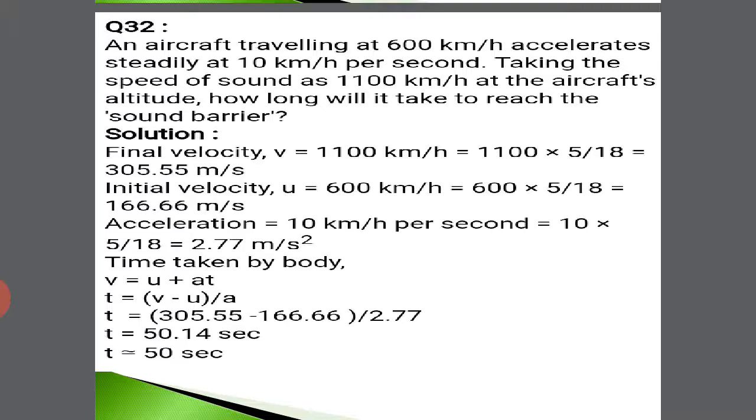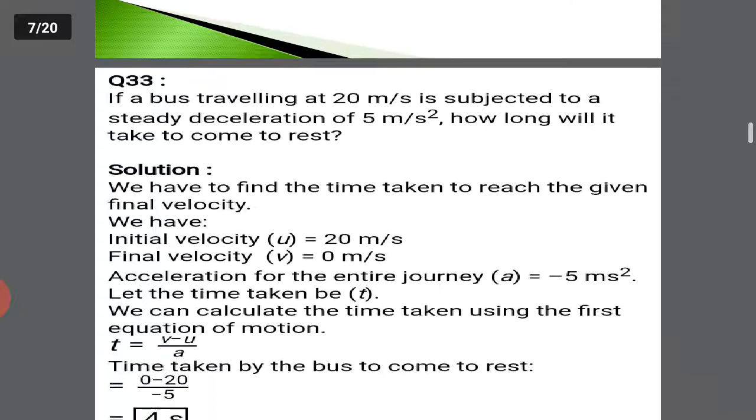Final velocity is given there, convert it into meter per second. Initial velocity, again convert it into meter per second. Acceleration is given there, convert it as well. So v is equal to u plus at, so t will be equal to v minus u by a. It becomes approximately 50 seconds.